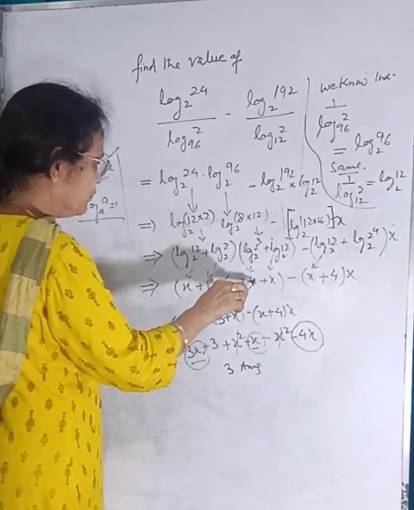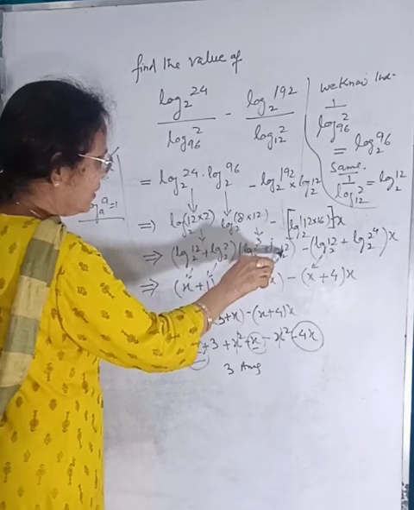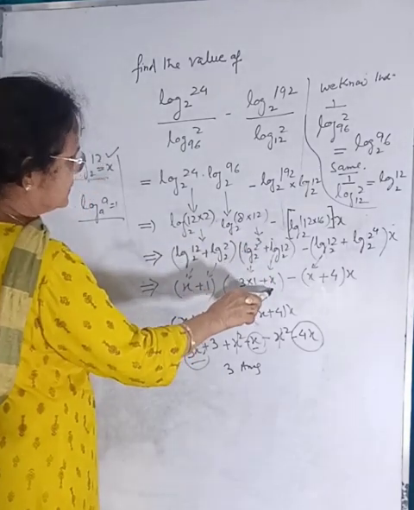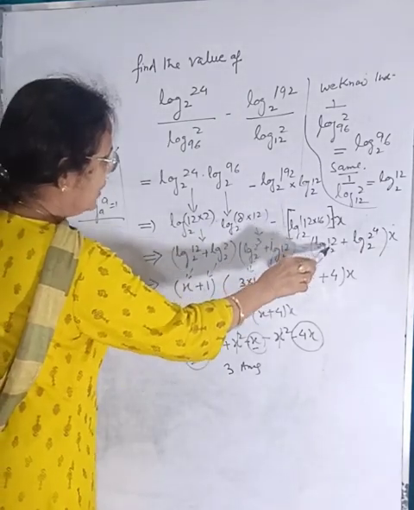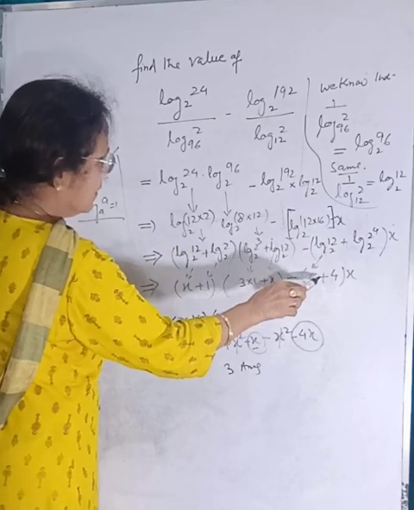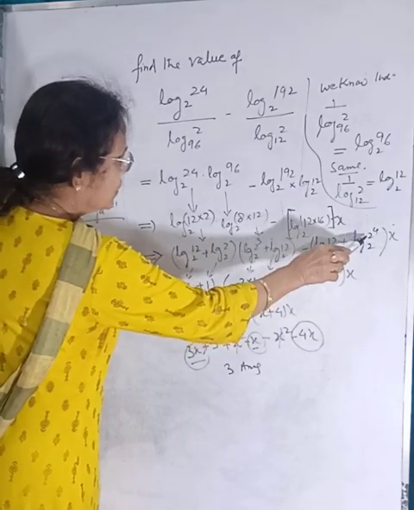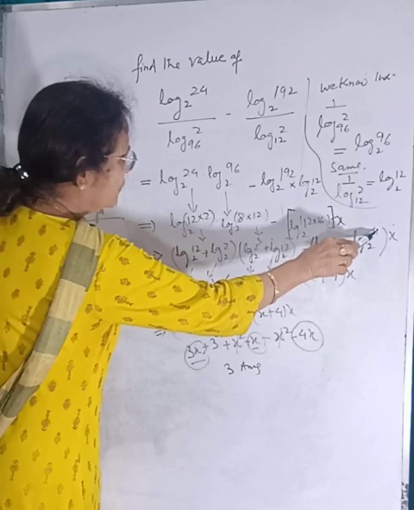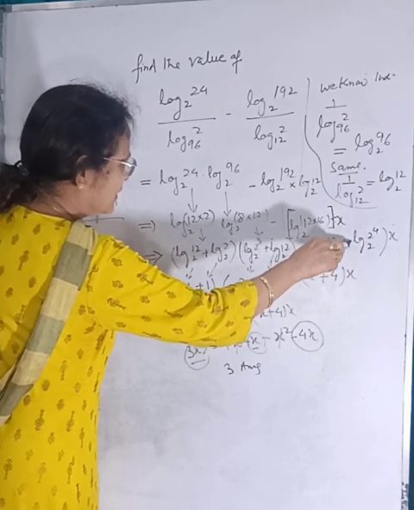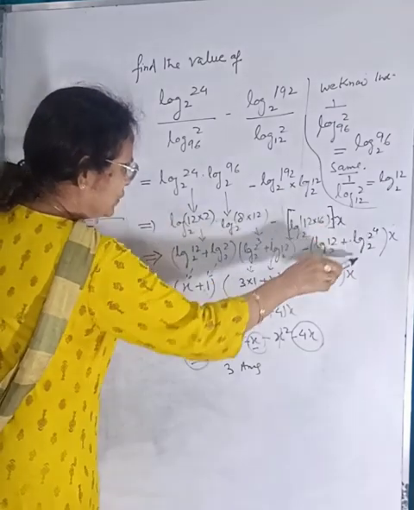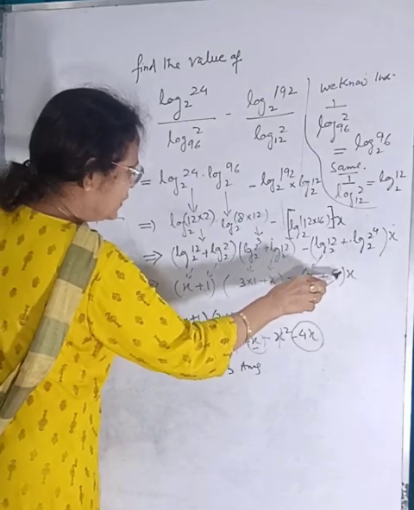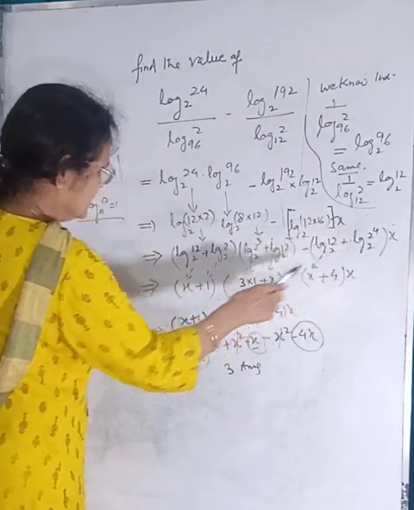Log of 2 with the base 2 is equal to 1 plus log of 12 with the base 2 is equal to x minus log of 12 with the base 2 is equal to x plus log of 2 with the power of 4, 4 become inside of this log into 1 हो जाएगा, that is x plus 4 into x is this.